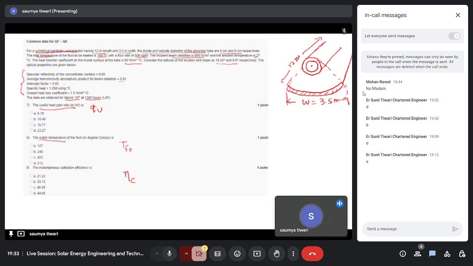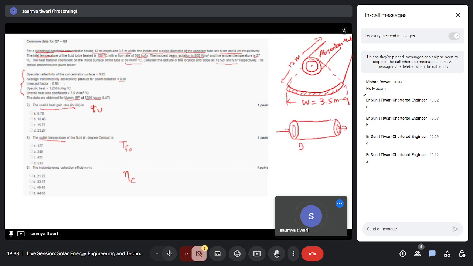And the inside and outside diameter of the absorber tube. For this absorber tube, we have the absorber tube in which your fluid is flowing. What's given is the inside and outside diameter.